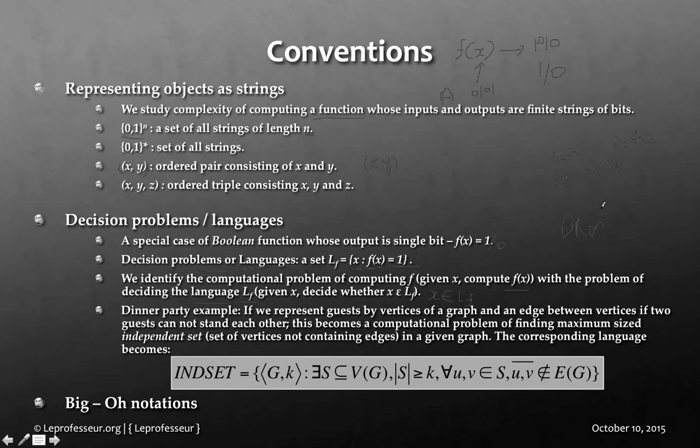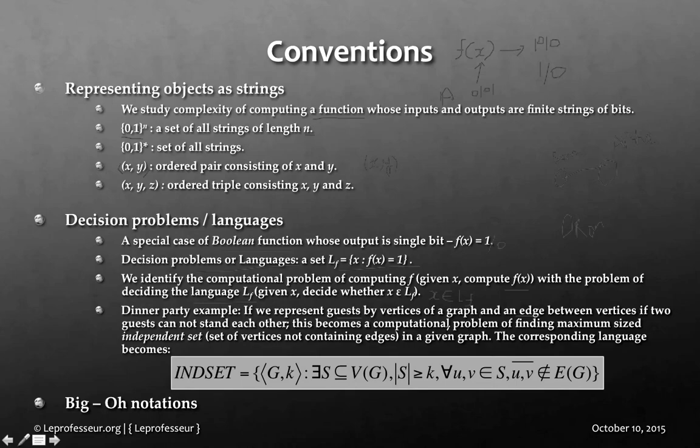So this was a very simple example of a graph where you have just three nodes and one edge, or three friends. But think about 100 or a bigger number. So how can we translate this dinner party problem? We can represent guests by vertices of a graph and an edge between vertices if two guests, or two of your friends, can't stand each other.